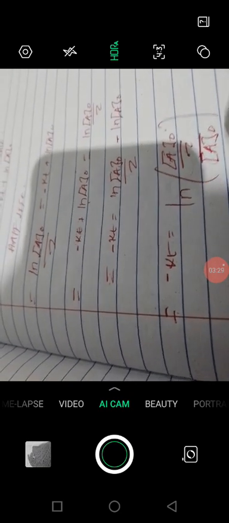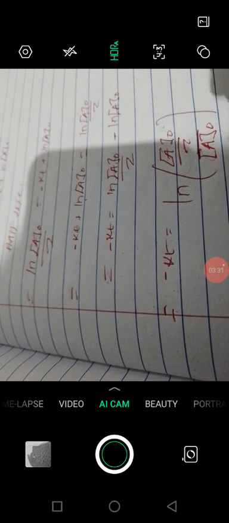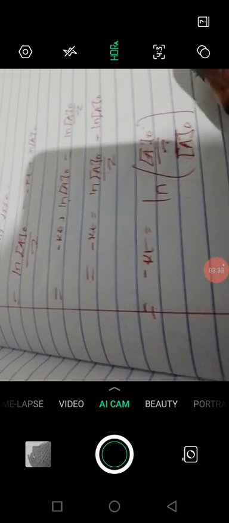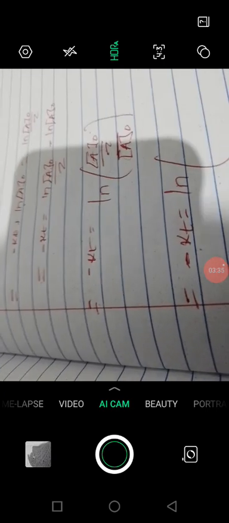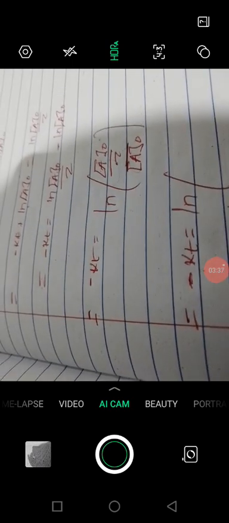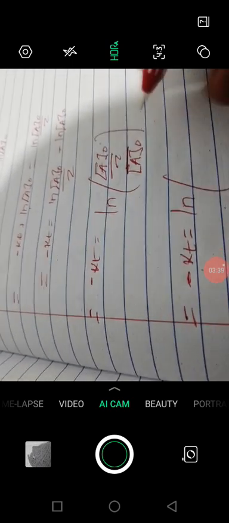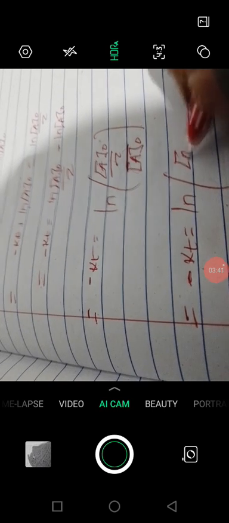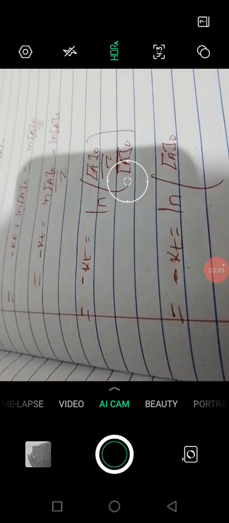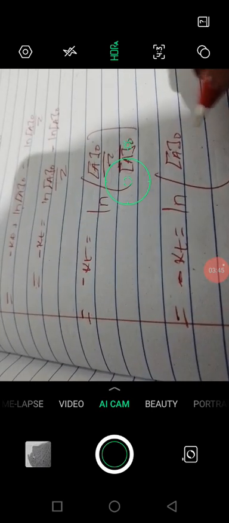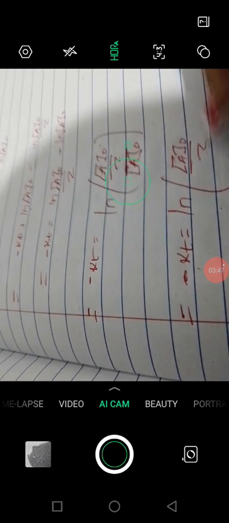Then negative kt is equal to the natural log of the initial concentration of A divided by 2, divided by the initial concentration of A.